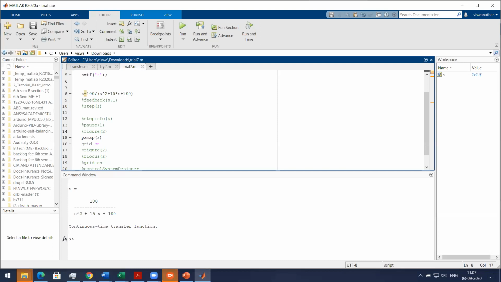That is something you need to remember. Other things like rise time and peak time are dependent on both, whereas percentage overshoot is not dependent on omega n. It is only dependent on the damping ratio. Any questions?